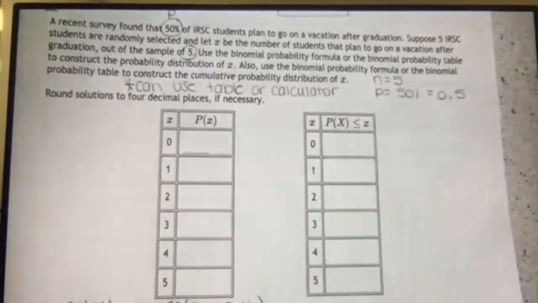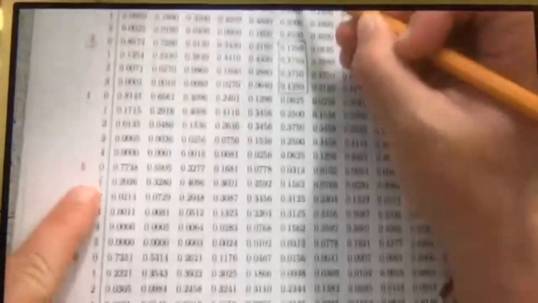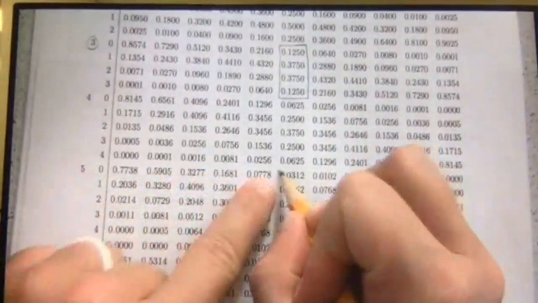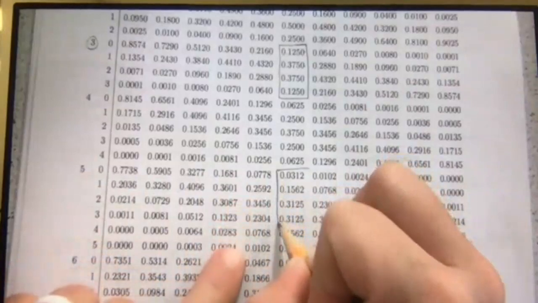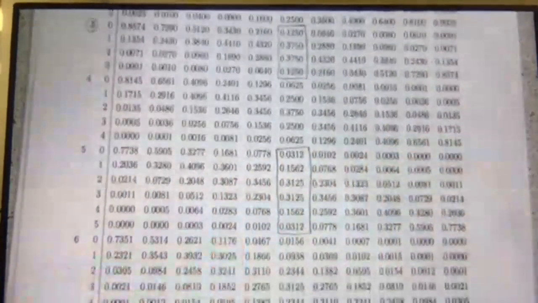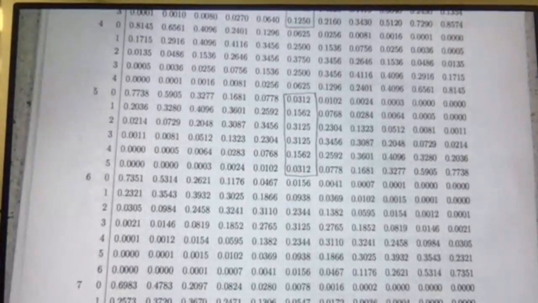Your table says when P is 0.5 and n is 5, here's my table, when x is 0, 1, 2, 3, 4, 5. Boom, that's my table: 0.0312, 0.1562, 0.3125, 0.3125, 0.1562, and 0.0312.